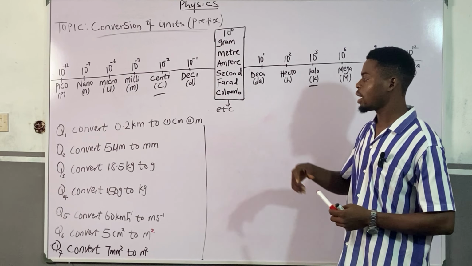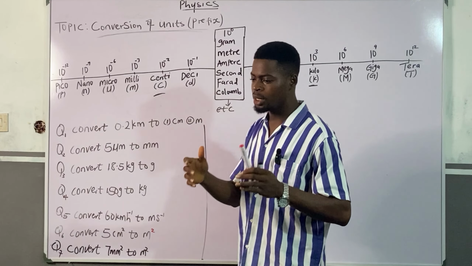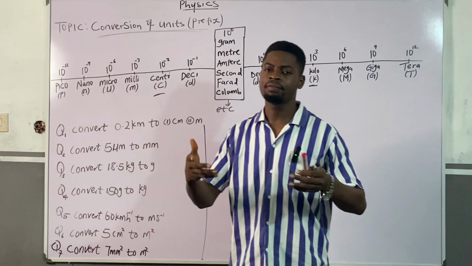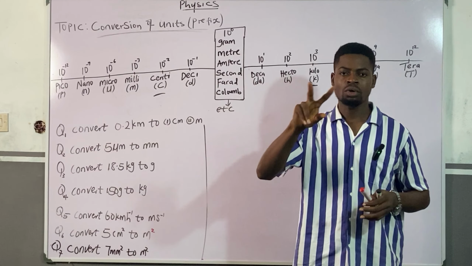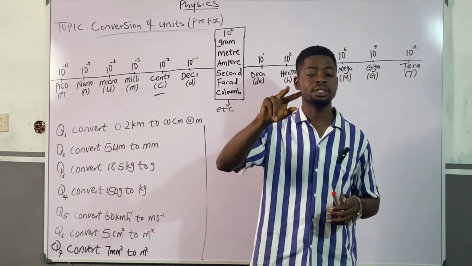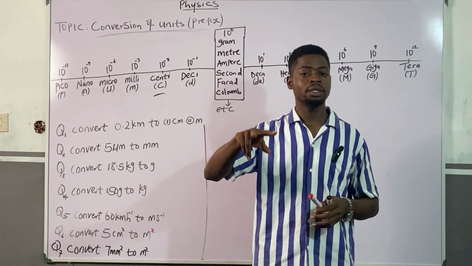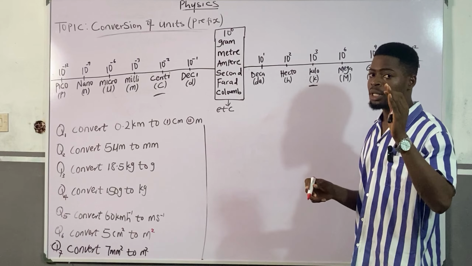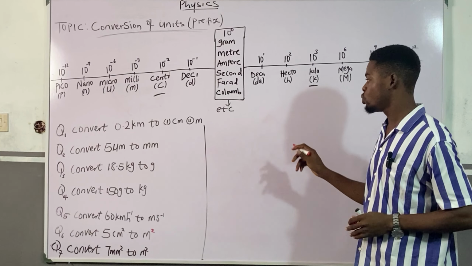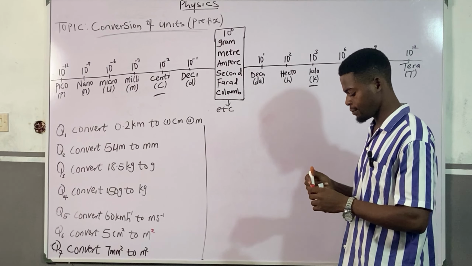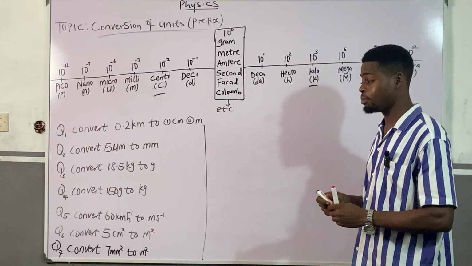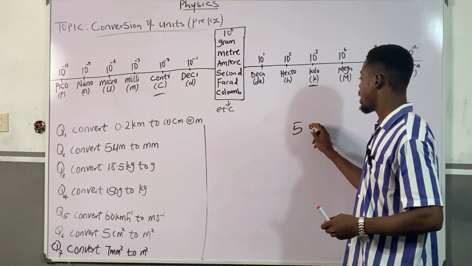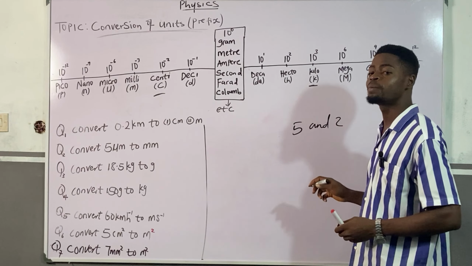Now you need the idea of what we call positive difference. When we have difference of two numbers, it is either a positive difference or a negative difference. Let's say you need the positive difference between 5 and 2.